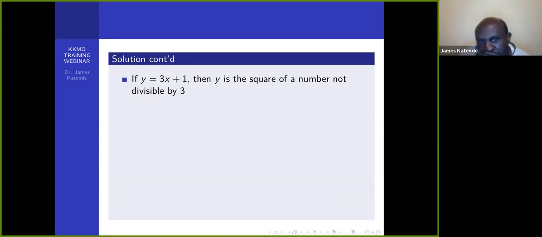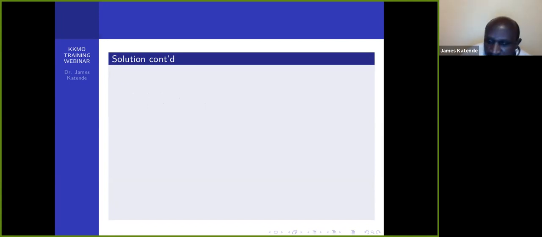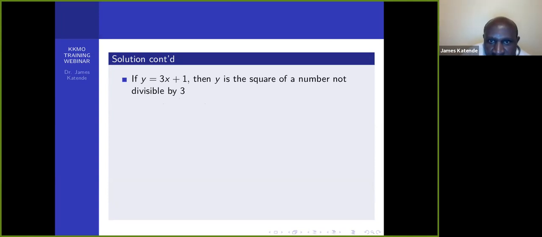So y has 2 options. If y is equal to 3x plus 1, then y is the square of a number that is not divisible by 3, right?